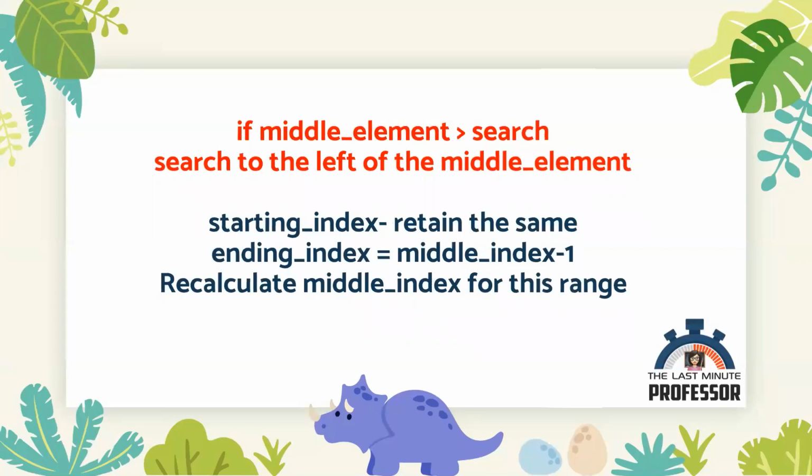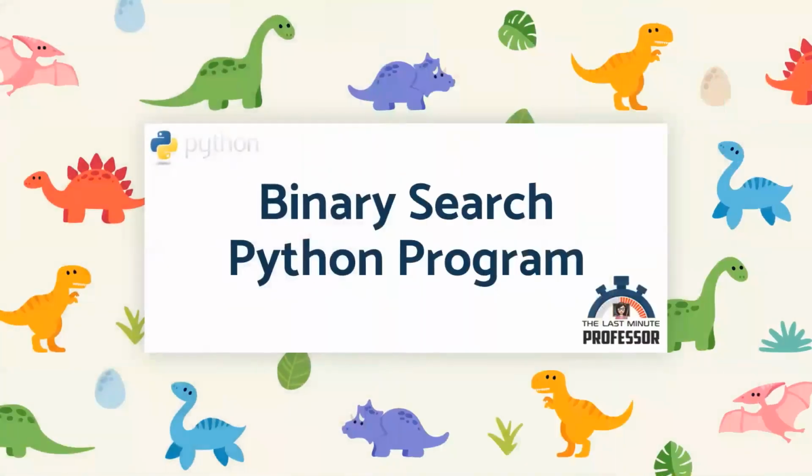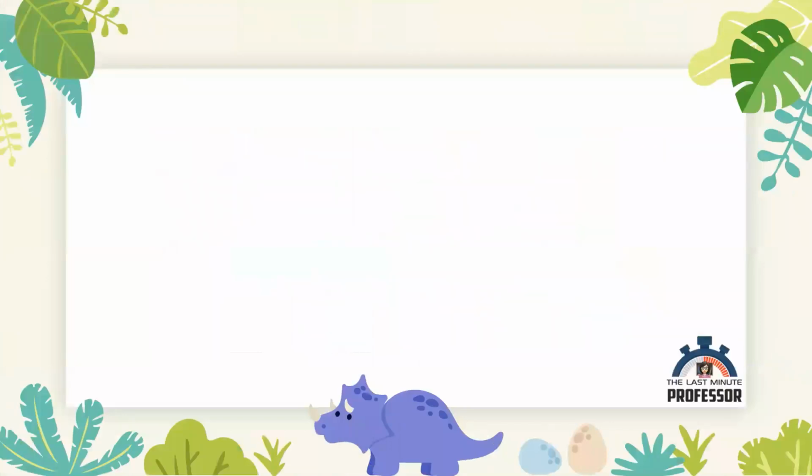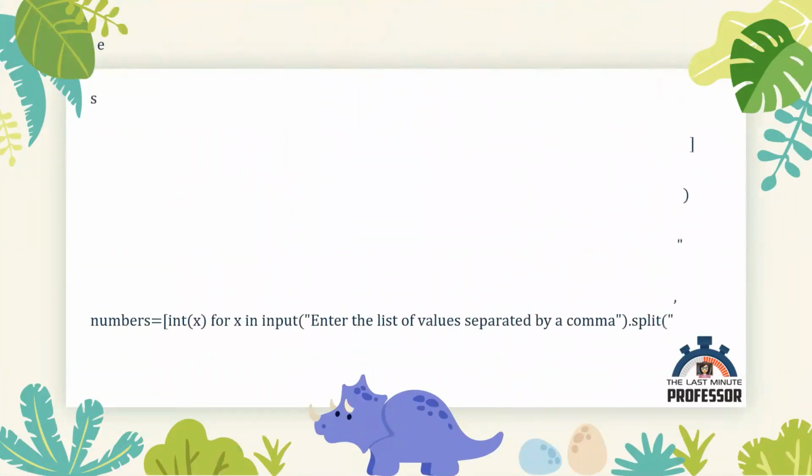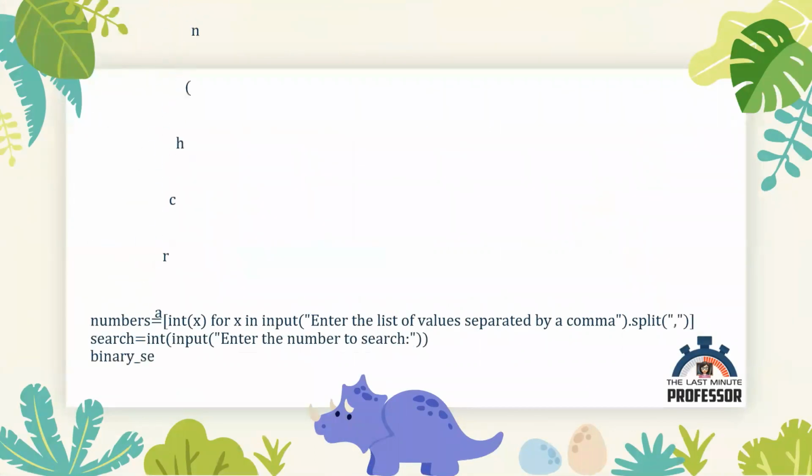Now let us code this in Python. So first let us get the list of input values from the user. I'm keeping it in a list named numbers. Then I'm getting the search value from the user, and I have a function called binary search.